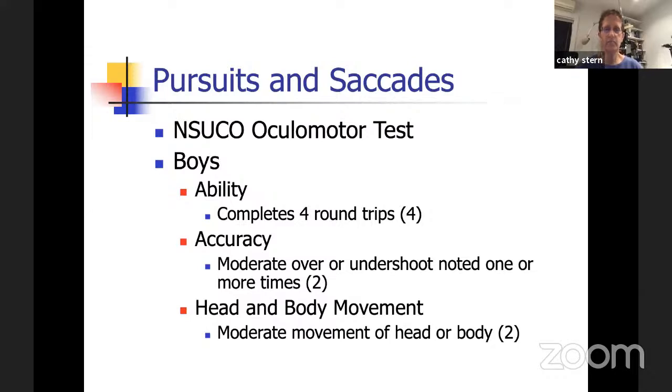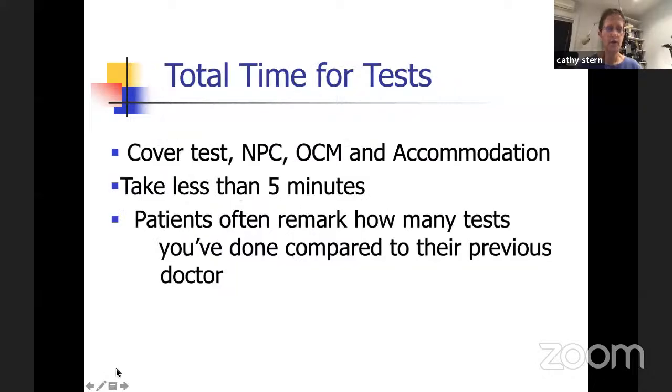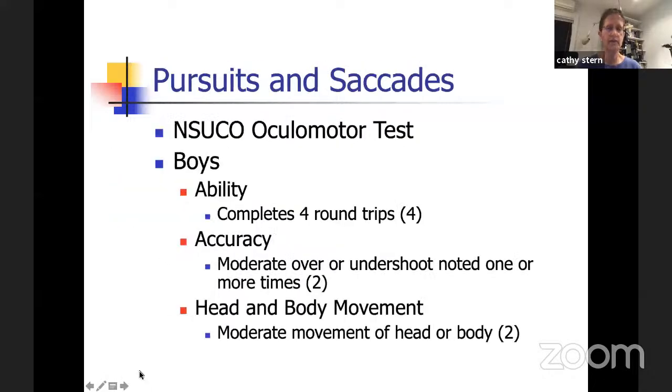And the reason I say boys here is because the score can be slightly different for boys versus girls, especially at around the age of 5 or 6. And after that, it's pretty much the same. But girls tend to reach some of those abilities of being able to follow without the head movement a little bit sooner than boys.